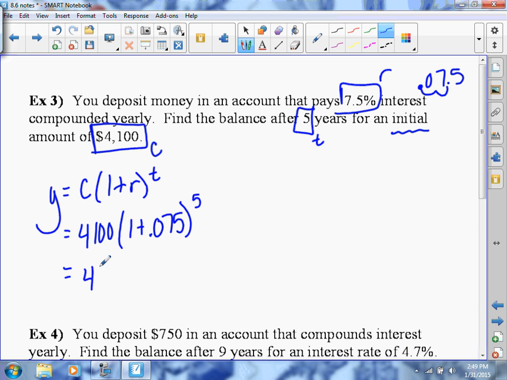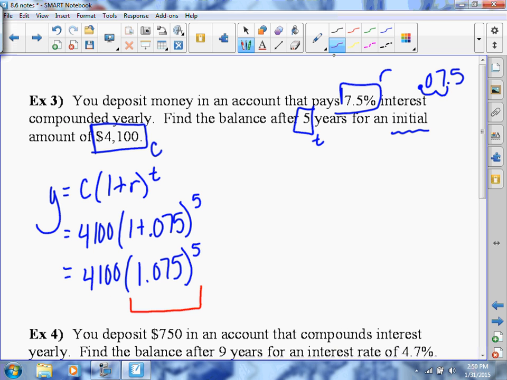So again, we're going to simplify this before we put it into our calculator. We're actually going to add those together. And then again, when you do this, make sure you do the power first. Do the 1.075 to the 5th power, hit enter and get an answer, and then multiply by the 4,100.